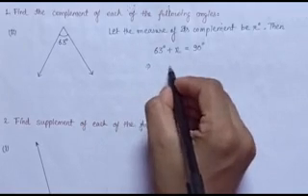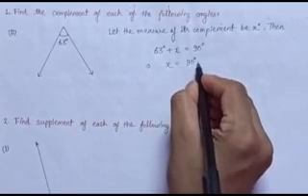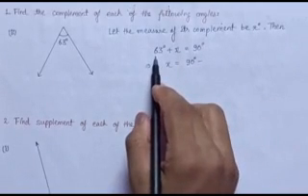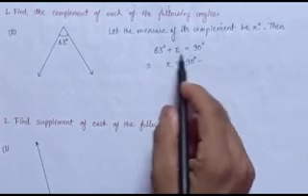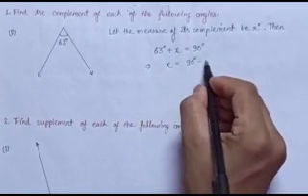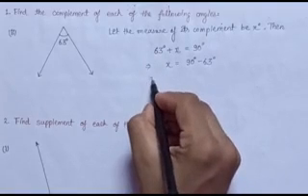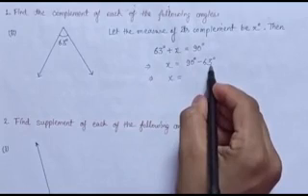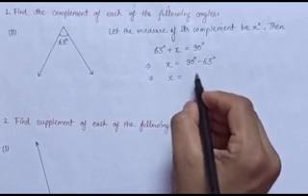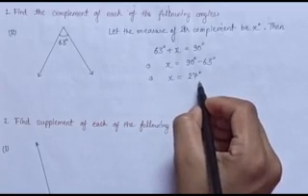It implies that x is equal to 90 degrees minus 63. When 63 is taken from the left hand side to the right hand side, it comes with a negative sign. So what we get? x is equal to 90 minus 63, which comes out to be 27 degrees.